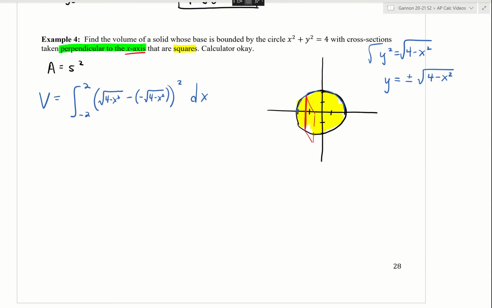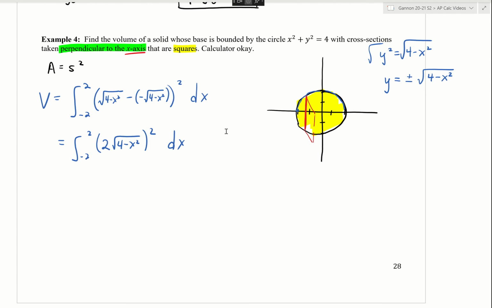And you'll probably notice that negative negative adds positive, so the square root of 4 minus x squared plus the square root of 4 minus x squared is going to give you the integral of 2 square root of 4 minus x squared, quantity squared, dx.